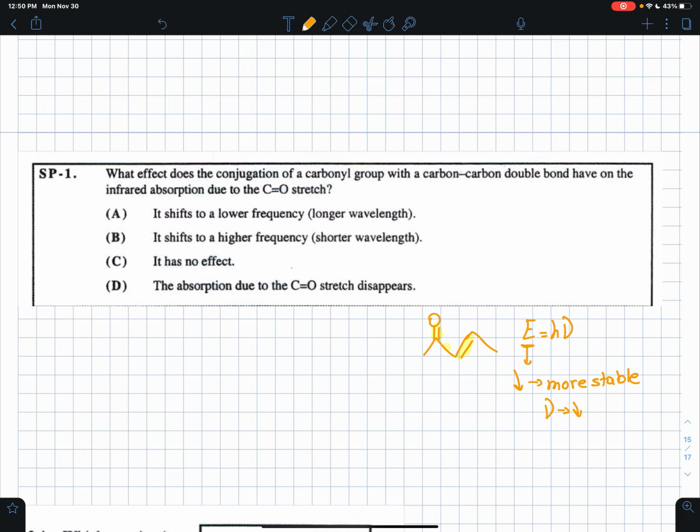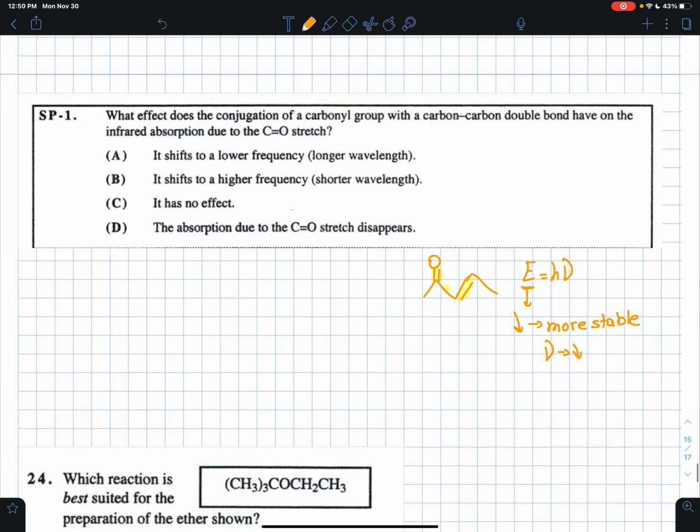Right? I want to go a little bit further and explain how to correlate that to wavelength. As we know also from Gen Chem or Gen Physics, the frequency is equal to the speed of light divided by the wavelength. So as the frequency decreases, because they're inversely proportional, the wavelength will increase.